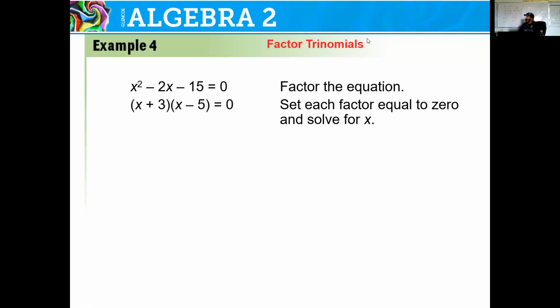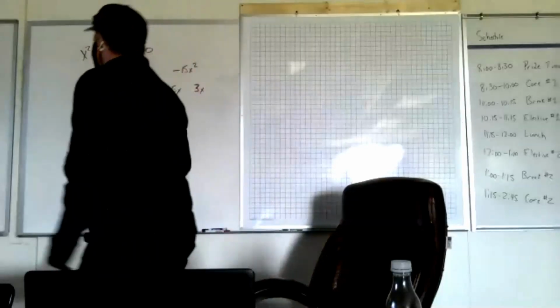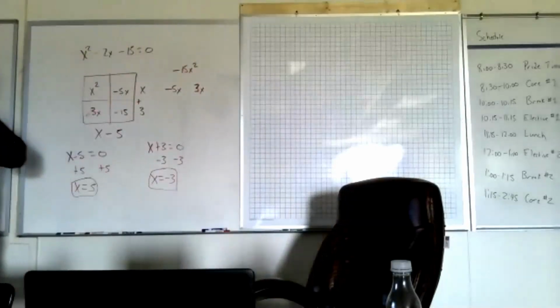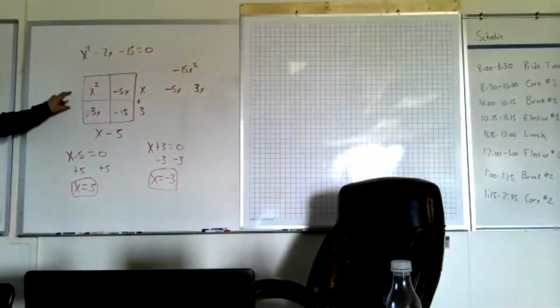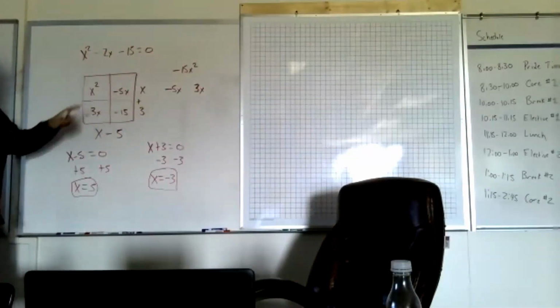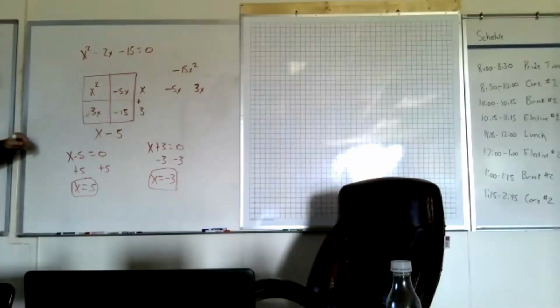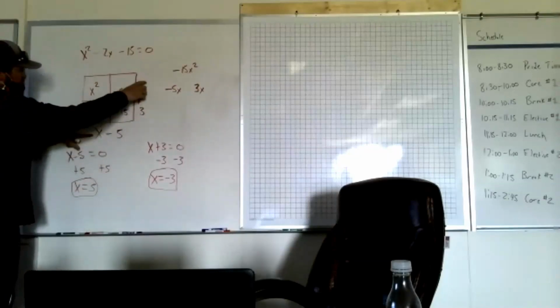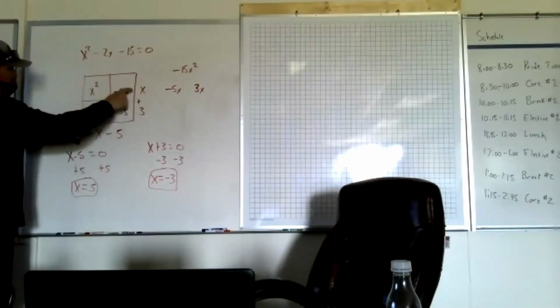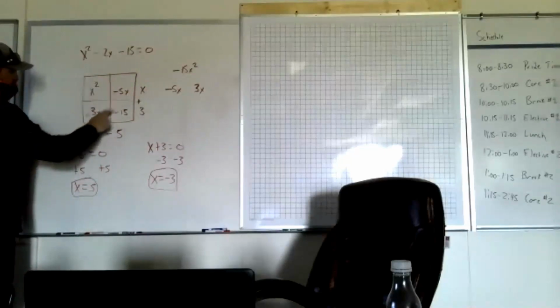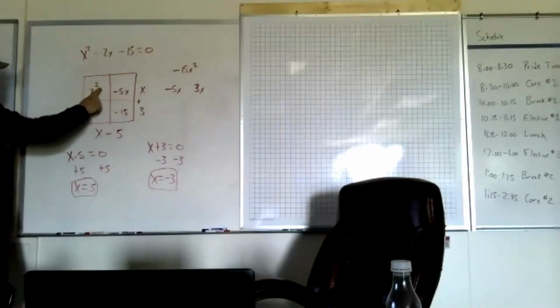Oh, that's something I forgot. One of the reasons why I like the box method, sorry to backtrack a little bit, is because it has built-in checks. The way the built-in checks work is if I were to match these where they match, they better be able to multiply to equal. x times x is x squared.